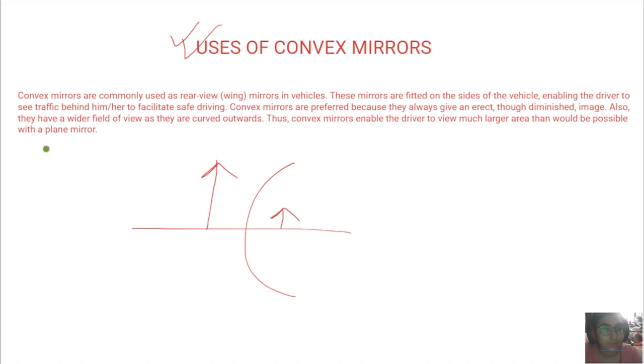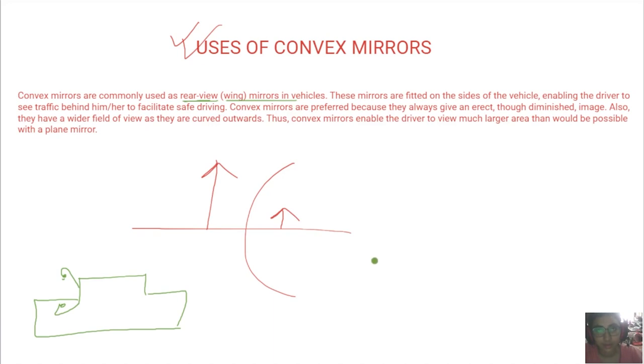What is written here is that they are commonly used as rear view or wing mirrors in vehicles. So what are rear view mirrors? Basically, if this is a car, then you have seen that on both its sides there are two mirrors, right?